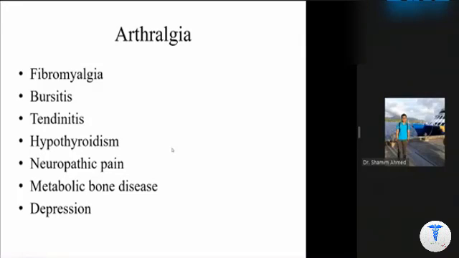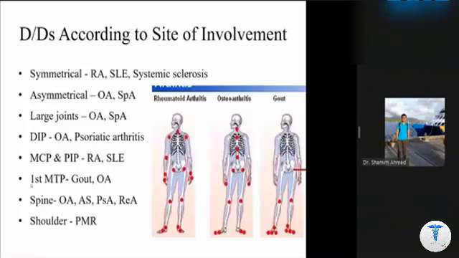Now, we can diagnose the patient according to the site of involvement. When a patient presents with symmetrical arthritis, it may be rheumatoid arthritis, SLE, or systemic sclerosis. With asymmetrical arthritis, it may be osteoarthritis or spondyloarthritis. With large joint involvement, it may be osteoarthritis or spondyloarthritis. With DIP involvement, it may be nodal osteoarthritis or psoriatic arthritis. With MCP or PIP involvement, it may be rheumatoid arthritis and also SLE.